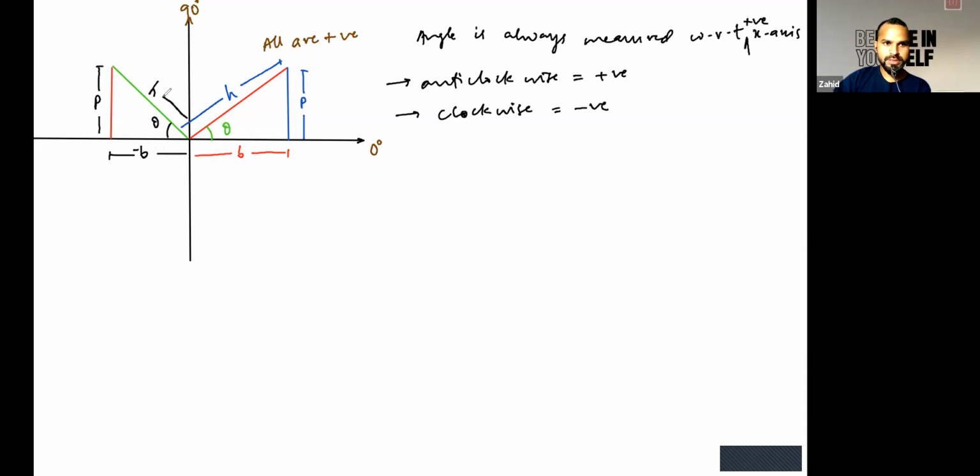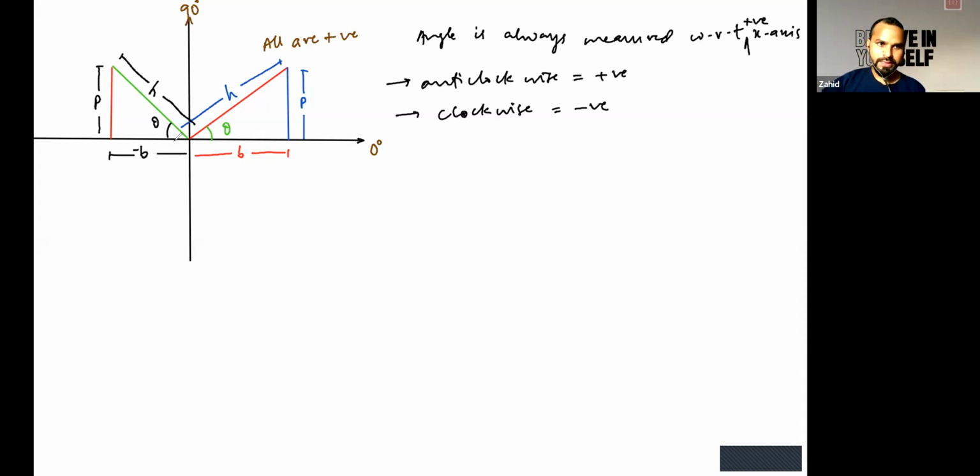And hypotenuse is nothing but the square root of the sum of squares of base and perpendicular, so it will be always positive.